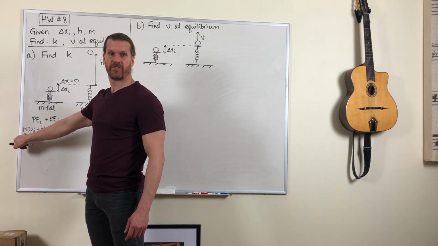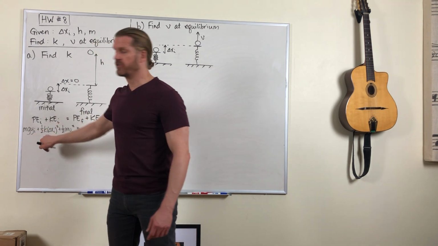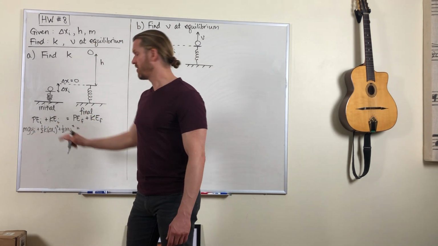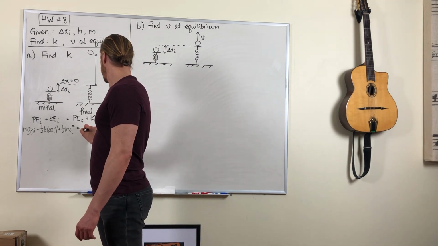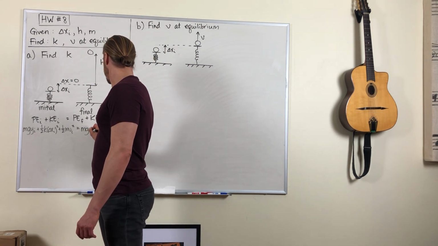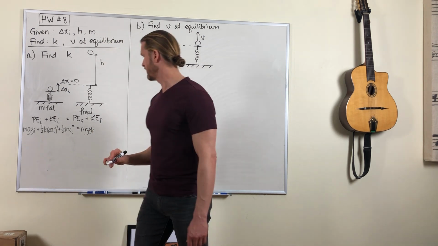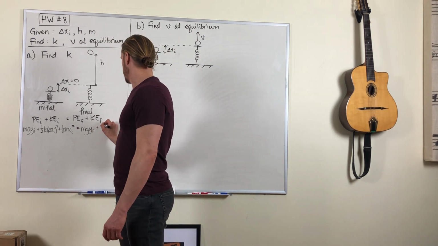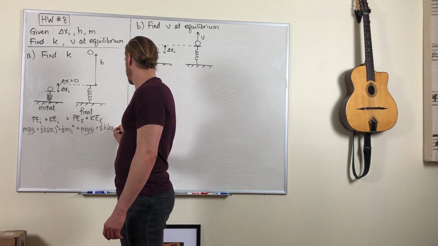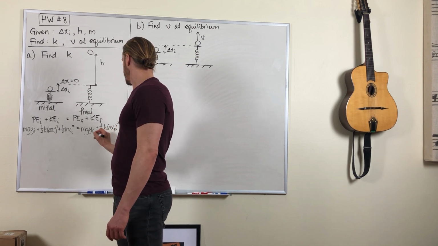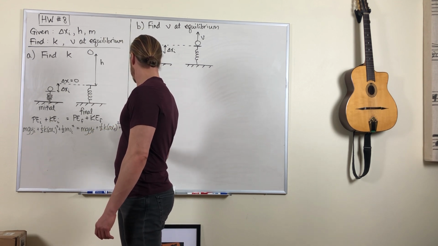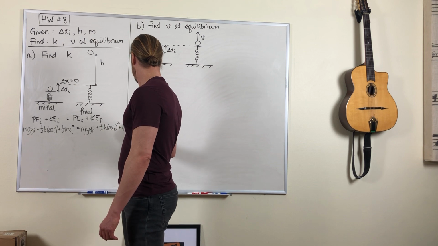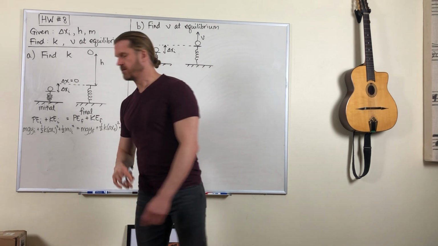There's our initial gravitational potential energy, our initial spring potential energy, our initial kinetic energy, and then we have the same stuff on the right. Final gravitational potential energy, final spring potential energy, and final kinetic energy.